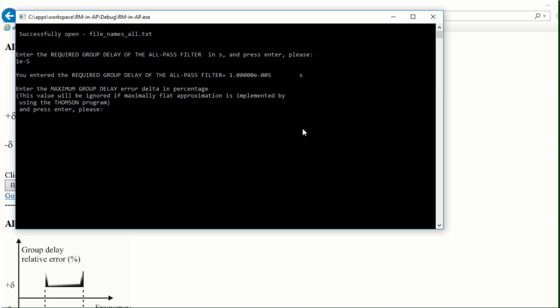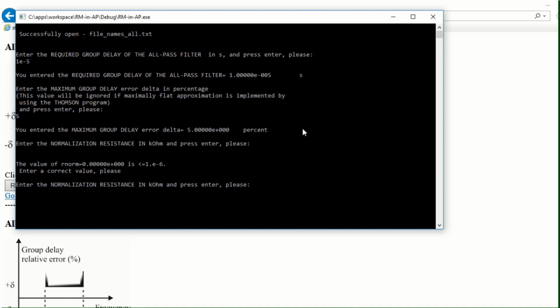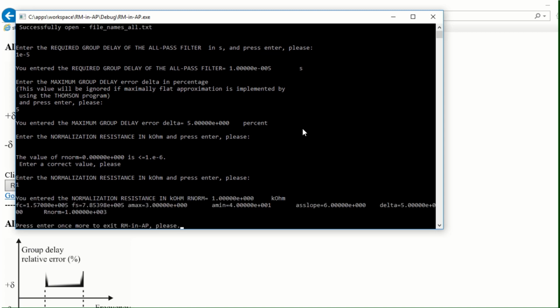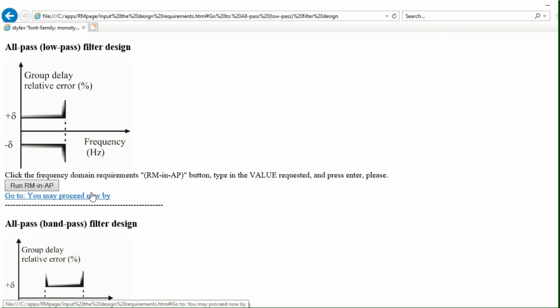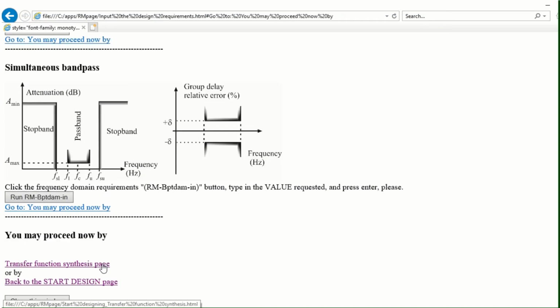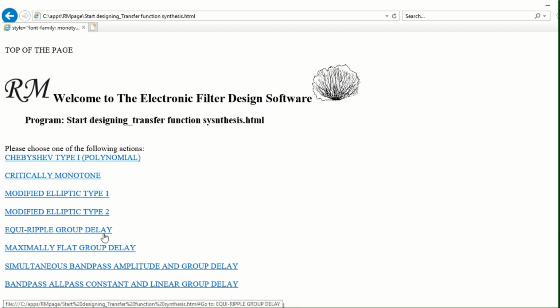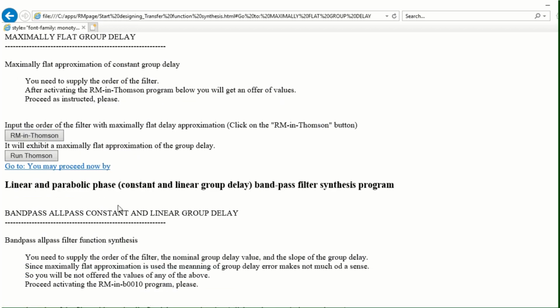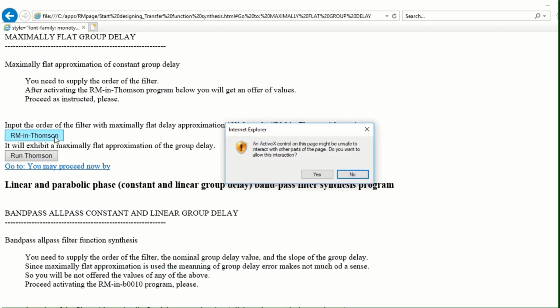So the maximum group delay error has no importance because we are going with the maximally flat approximation. Normalization resistance is 1 kilo, and then that's finished. We proceed now with the transfer function synthesis of maximally flat, that is Thomson.